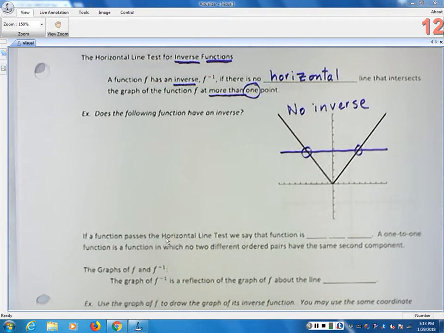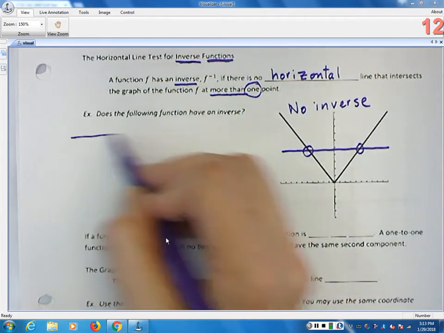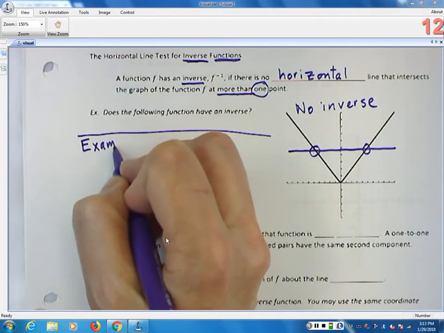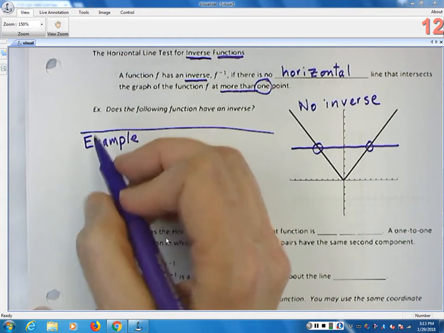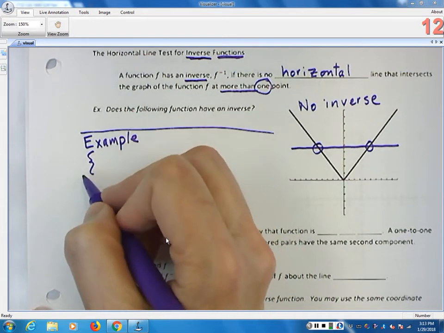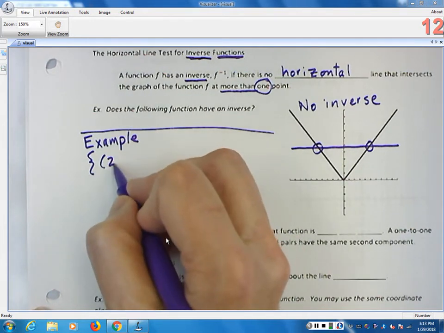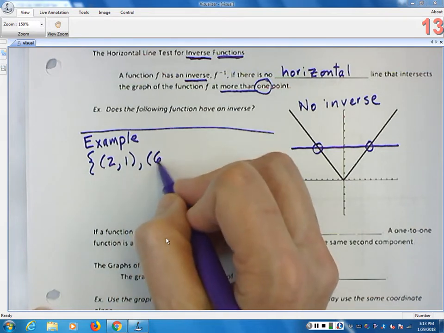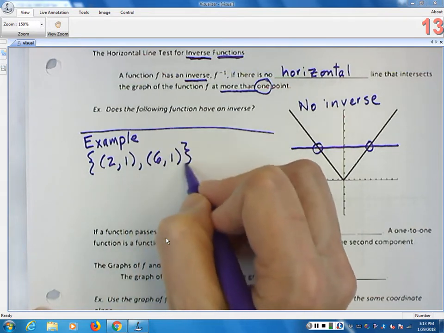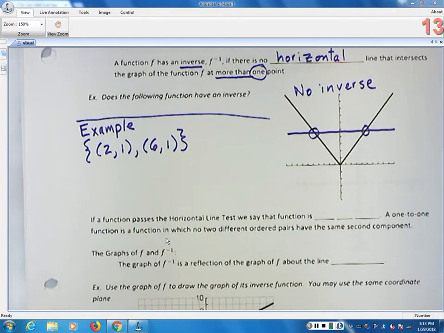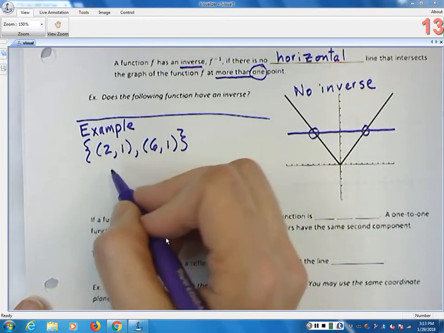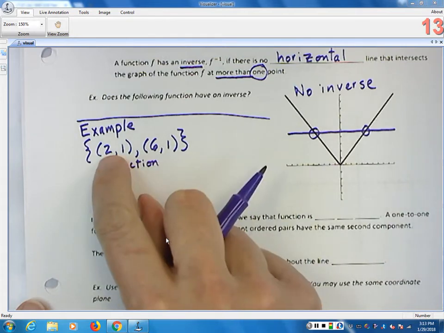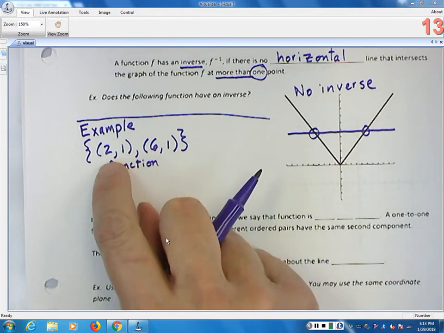So, I have an extra example here, because you'll get these in MATLAB anyway. If you have a function with just 2 ordered pairs, 2, 1, and 6, 1, this is a function. It's a function because it has the same y values, but it doesn't have the same x's.